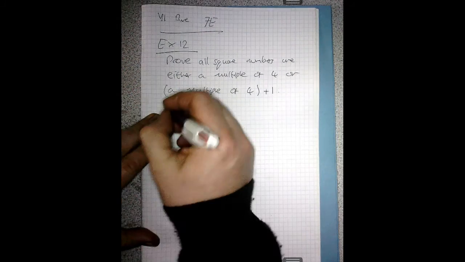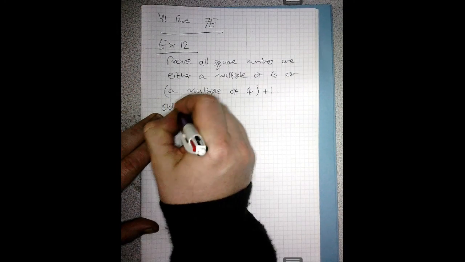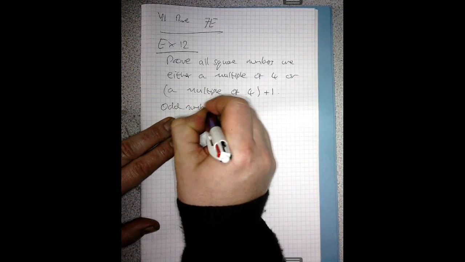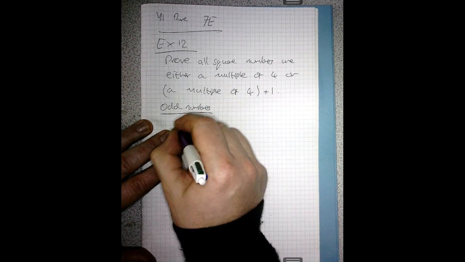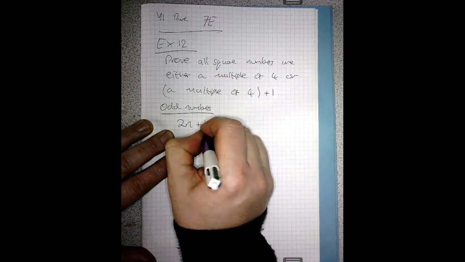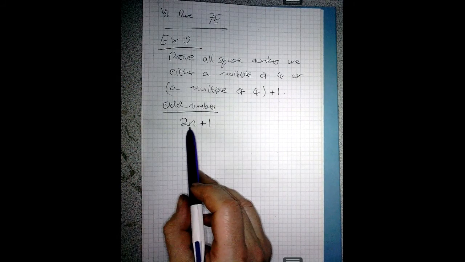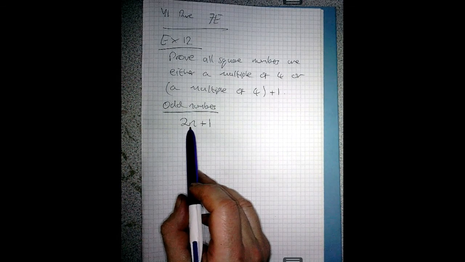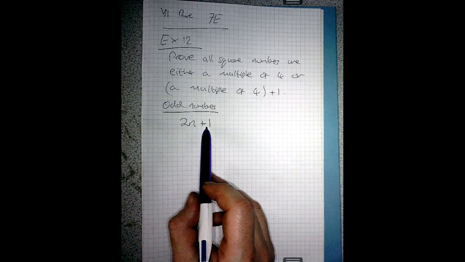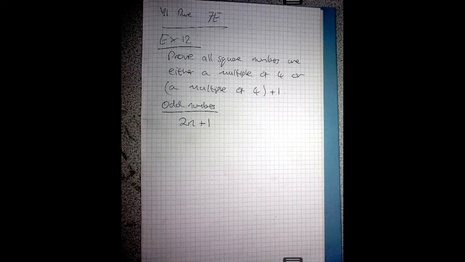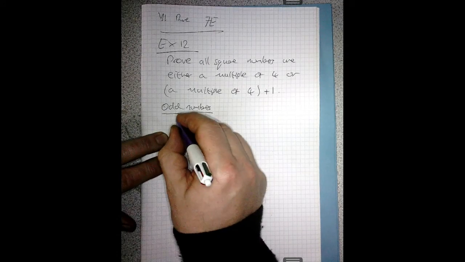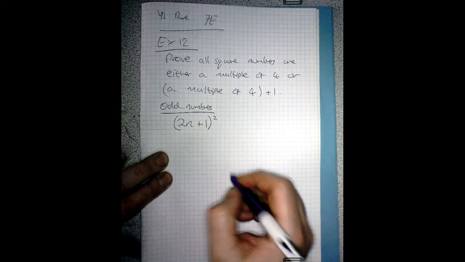Okay, so let's consider odd numbers. So odd numbers, think back to GCSE. Odd numbers are going to be of the form 2n add 1, because 2n, 2 times anything is even, and add 1 is going to be odd. So this is any odd number squared.